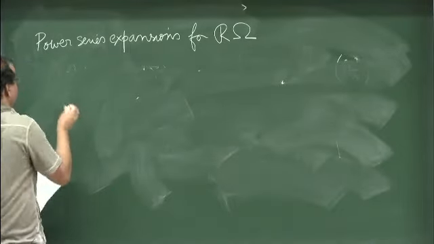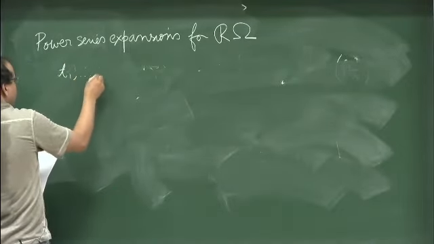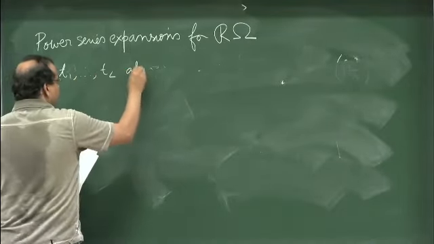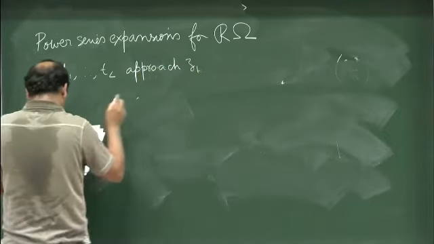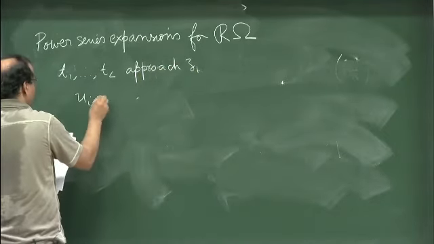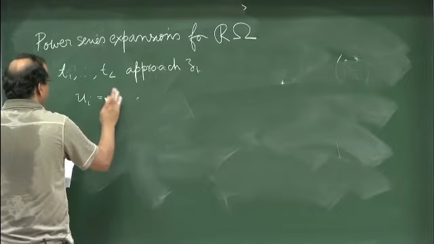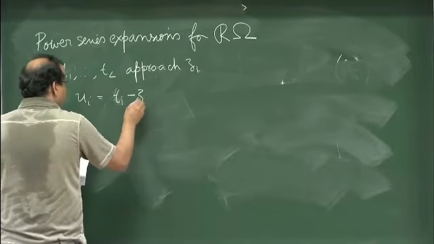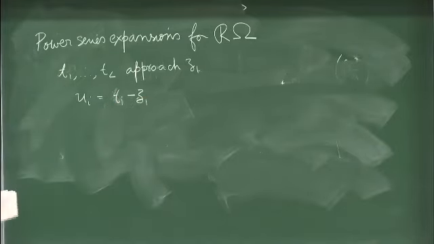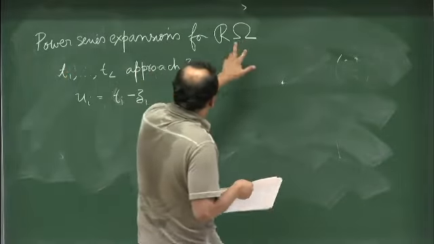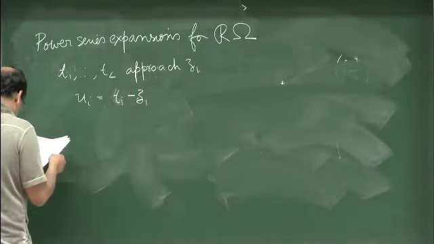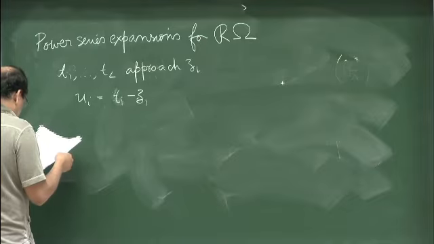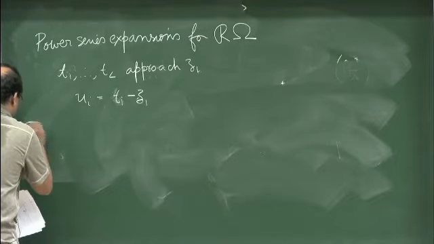Say t_1 through t_l approach z_1. Let me introduce these variables u_i equal to t_i minus z_1. One needs to make sure that this has enough zeros to compensate for the pole behavior of R.